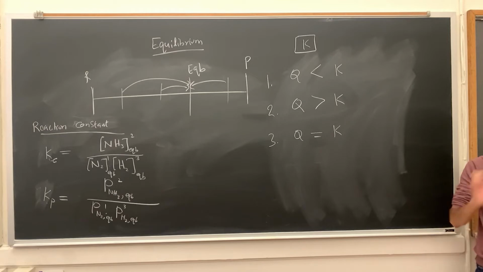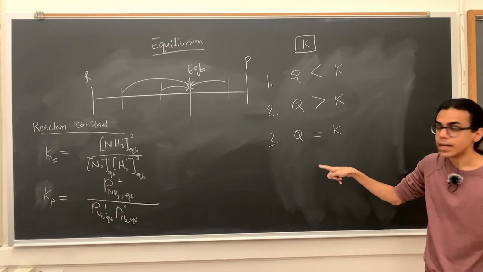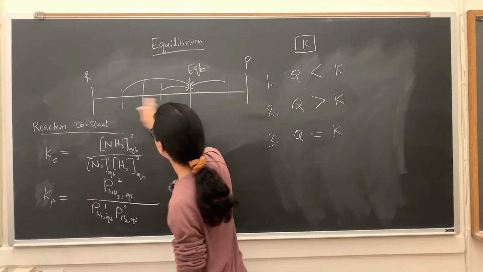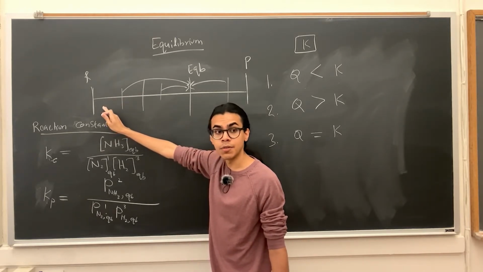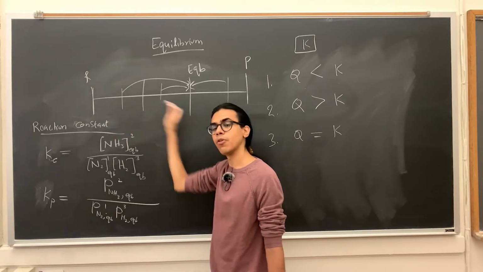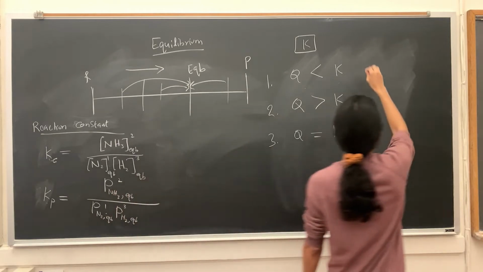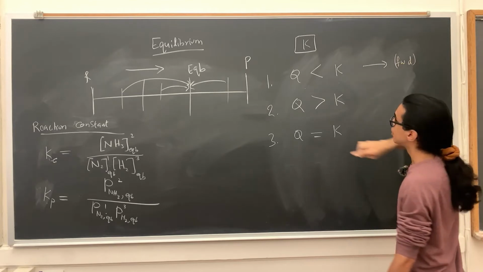Yeah? K is pre-given to you. It's a calculated value. Someone did the experiment. You have the K value. You have a new setup, and at a given instant, you calculate Q. Three things can happen. If Q is less than K, what that means is you're here, somewhere here. You're behind the equilibrium. So the reaction will go in the forward direction to reach equilibrium.